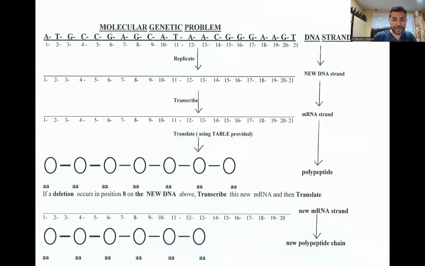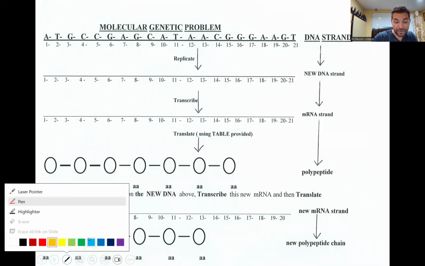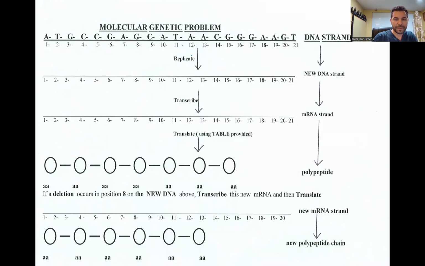So what this would look like, I'll do a little bit of this with you. Step number 1, replicate. What does that mean? DNA to DNA. So the A would turn to a T, the T would turn to an A, the G would turn to a C, etc. Now that you have the DNA, we are going to take the new strand of DNA and we will transcribe it.